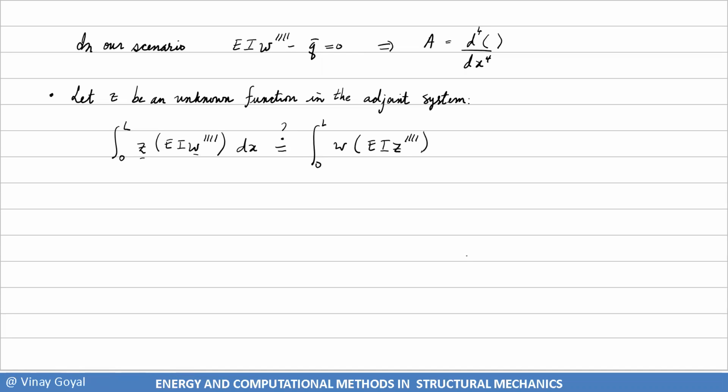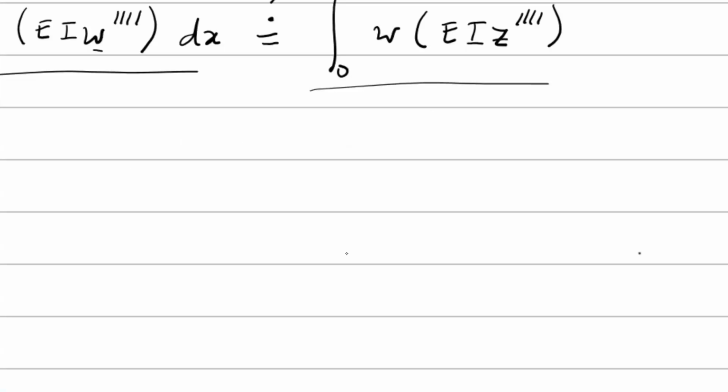If I can make this happen, then I definitely have an adjoint system. Somehow I have to make sure that this is equal to that, that when I switch W and Z, I'll get the other system. And so that's what I'm trying to do.